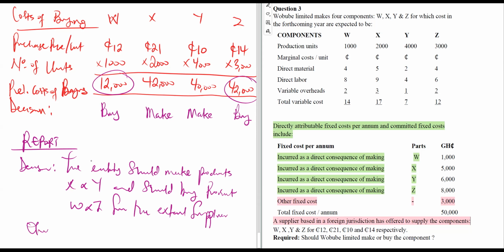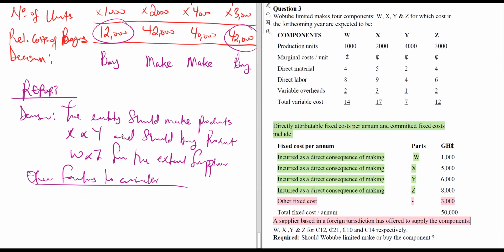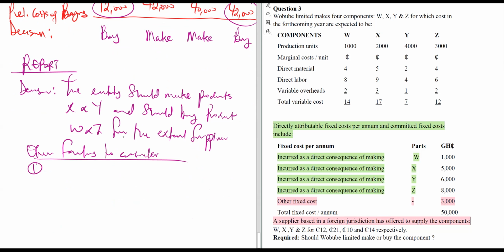But other factors to consider include, give me other factors to consider. Availability. Reliability of the supply, reliability of the supplier. The spare capacity: would there be spare capacity to accept other orders?